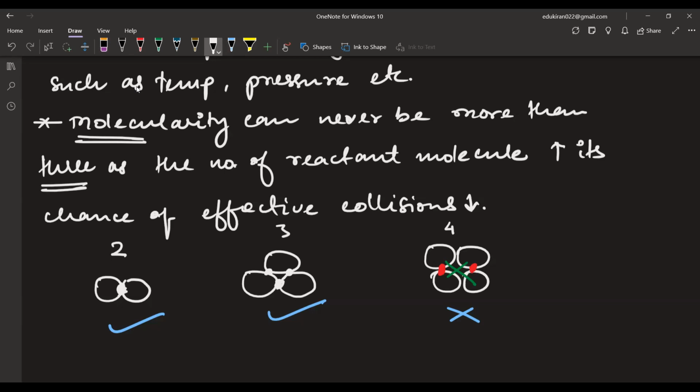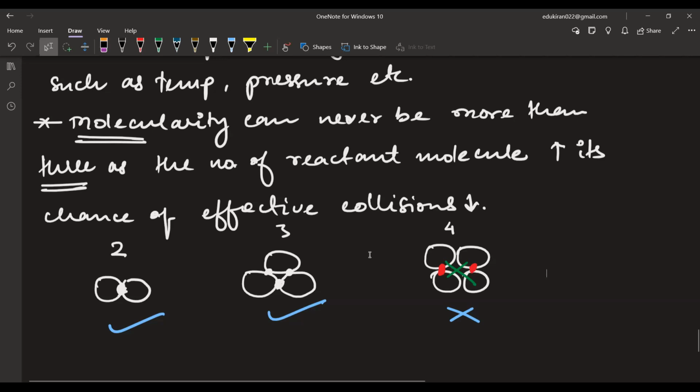So 2 is fine, 3 is fine, but 4 no. There are very rare cases when 4 things are fine, but generally 4 things are not fine in this whole world also.